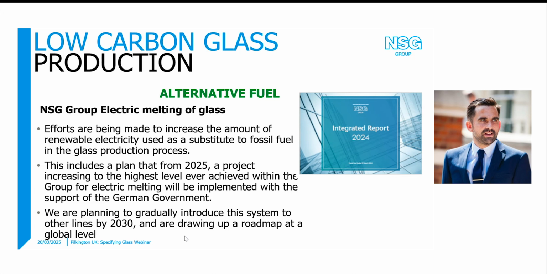So this will be supported by the German government, and the goal is to gradually roll this system out to other float lines by 2030. They're already working on a global roadmap to make this happen. So it's another big step towards a cleaner, more sustainable glass production process.